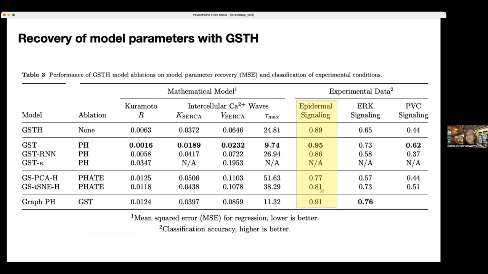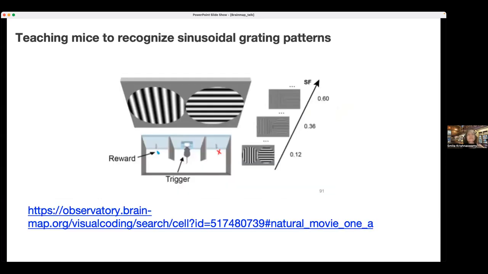And the way we classify them is we just take the output of GSTH. This is our model, and these are different ablations of our model using PCA, TSNE, using an RNN instead of scattering or the homology, and we get consistently good results with the GST, which is the T-FATE that's applied on top of the geometric scattering, and also the homology at certain points in time.